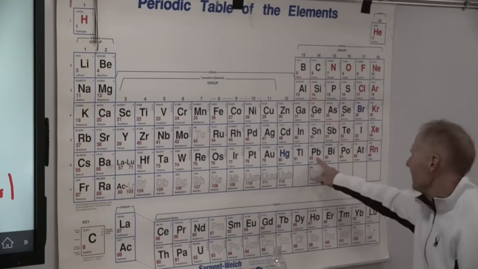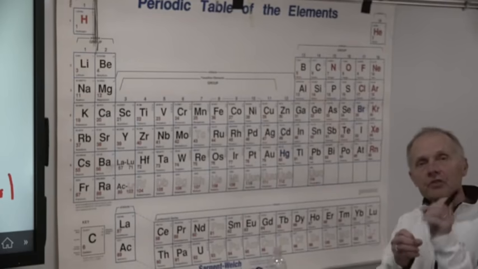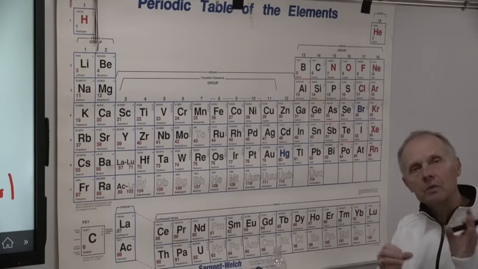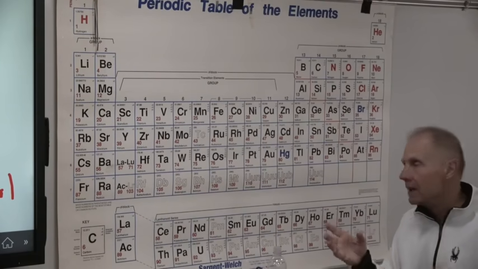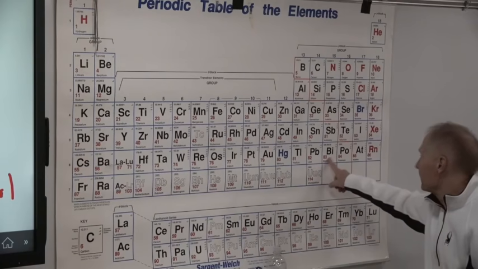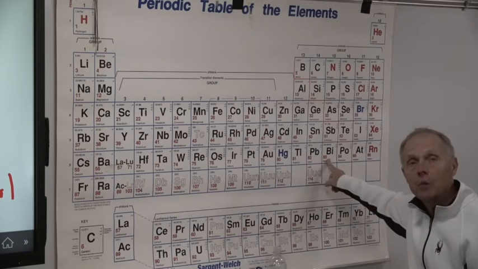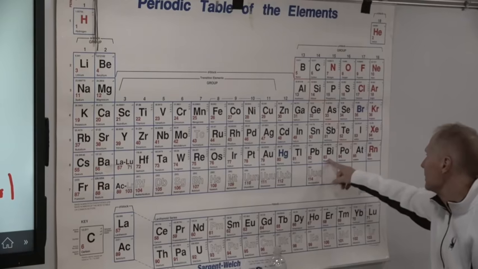Because remember, that means there's 82 protons and they don't want to be there. So they start shooting out of the nucleus. Okay, the very next element, bismuth, all 3 isotopes of bismuth are radioactive. So what I'm telling you is this.